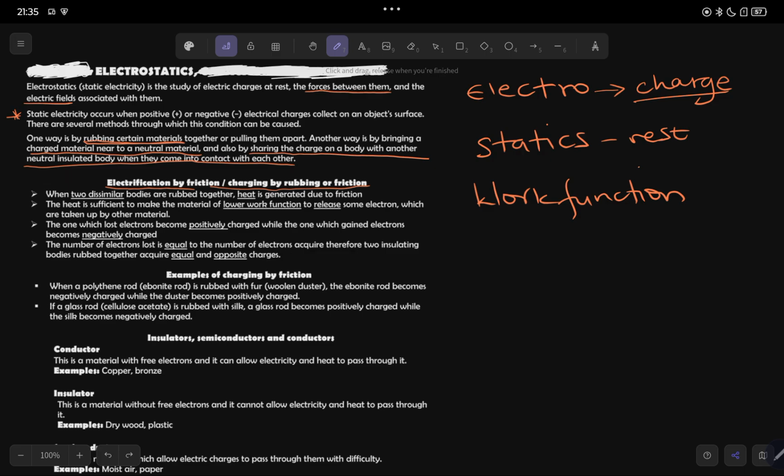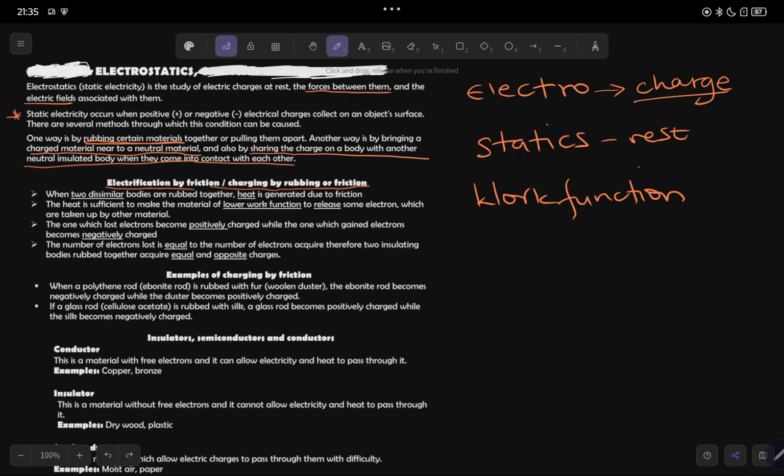However, as it is for any other force, we can overcome it by doing work against the force. In other words, we can succeed in pulling away or causing an electron to leave the surface of a conductor or the surface of any other material, even if it's not a conductor.